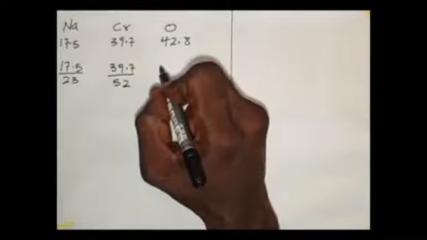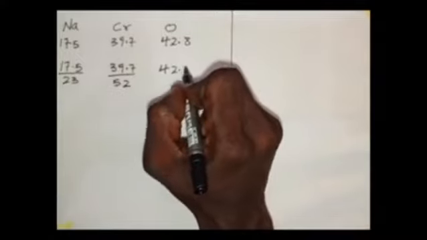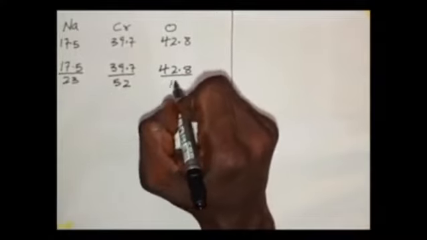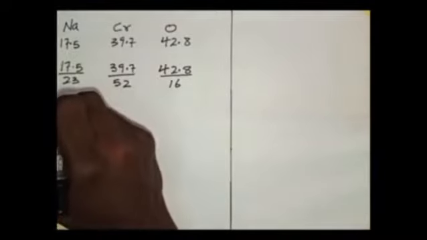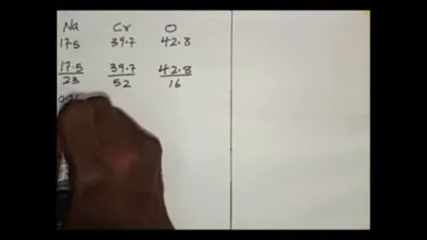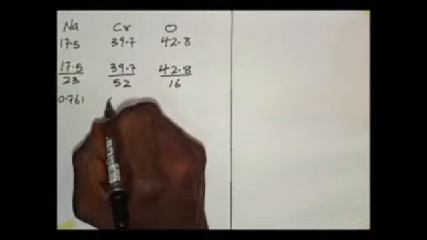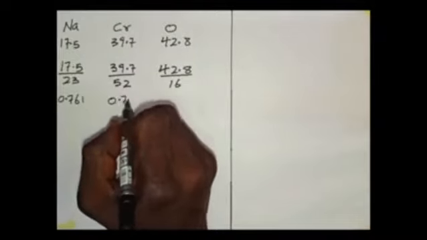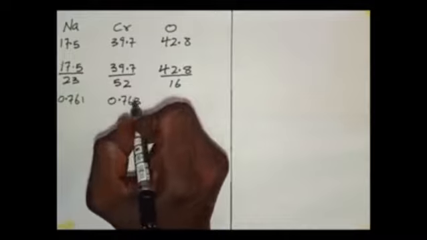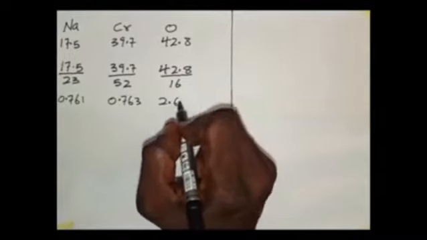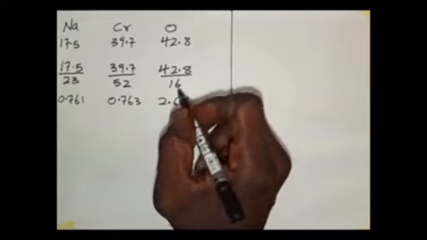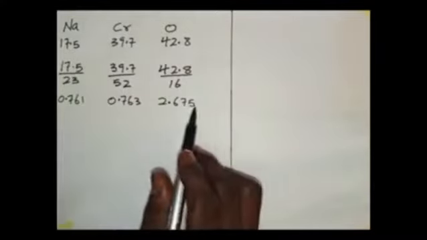And I'm going to divide 42.8 by 16. So this is going to give us 0.761. We're going to have 0.763. And we're going to have 2.675. So we're going to compare the three answers we just got here.